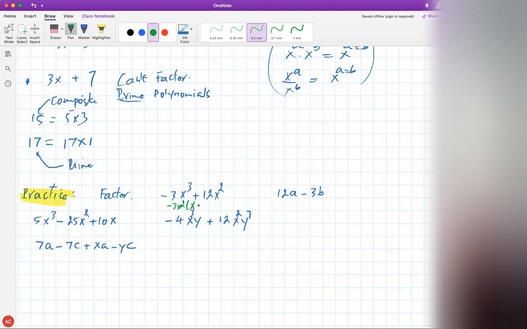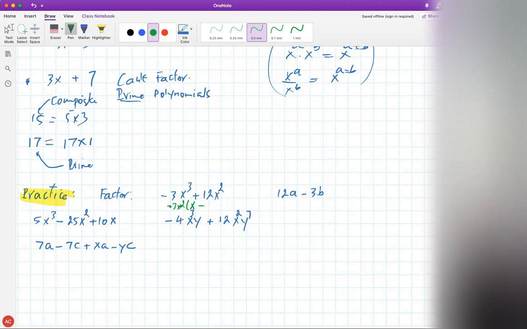You divide these, minus 12x divided by negative 3x squared to get 4x. But why is it negative? The common factor does not have to be negative. It can be positive too. If you multiply these, you get a negative, but this has to be a negative too, so when you multiply them, you get a positive.